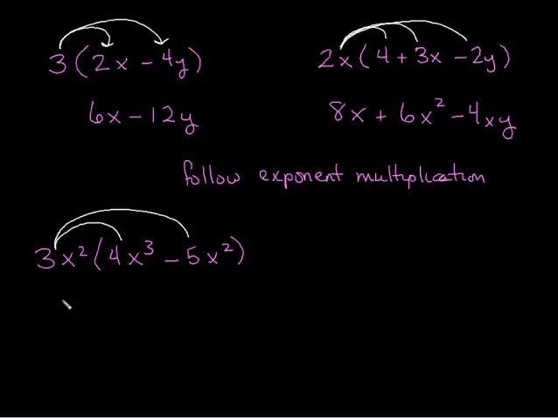I'll multiply 3 times 4, which gives me 12. Then I need to add the exponents. 2 plus 3 is 5. And then I have 3 times negative 5, which gives me negative 15. And then I add the exponents. 2 plus 2 is 4.